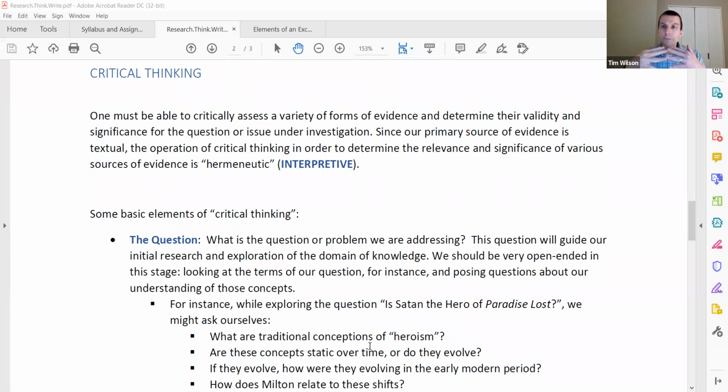So being able to critically assess the validity of one claim versus the other, that is the crux of what critical thinking is.